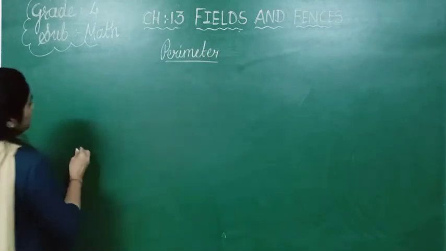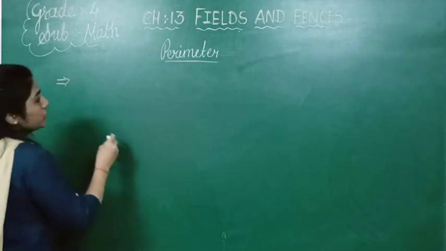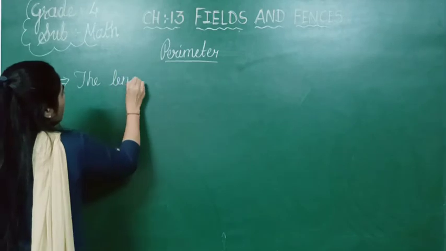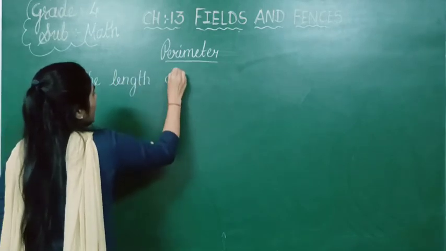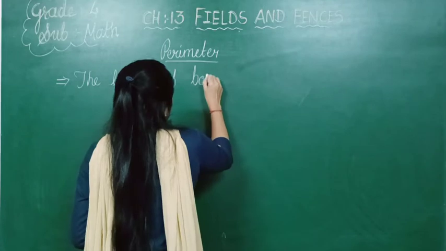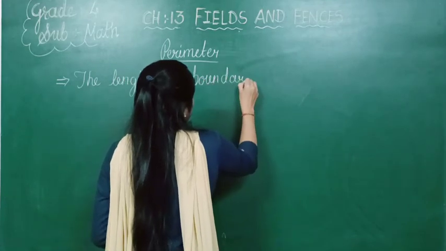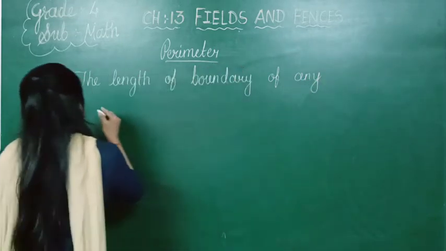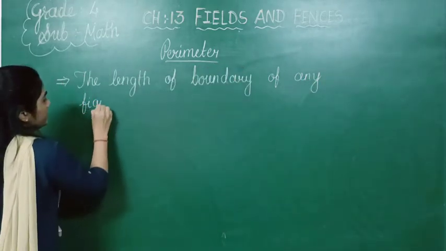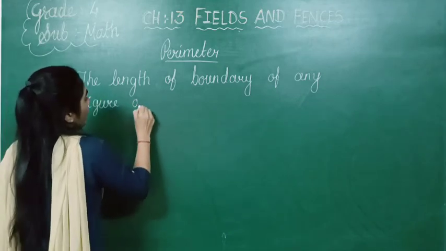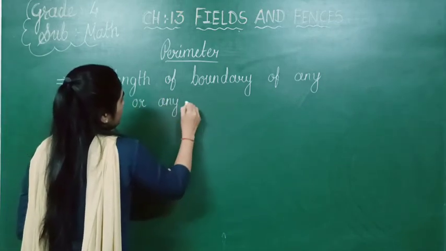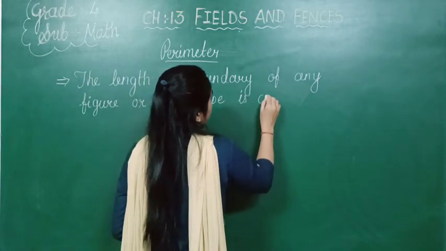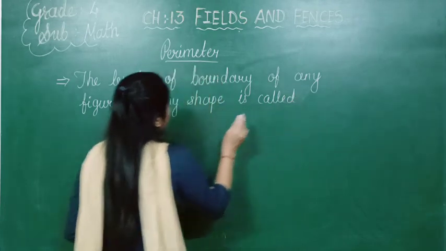What is called perimeter? If you want to write the definition of perimeter, it is the length of the boundary of any figure or any shape is called perimeter.